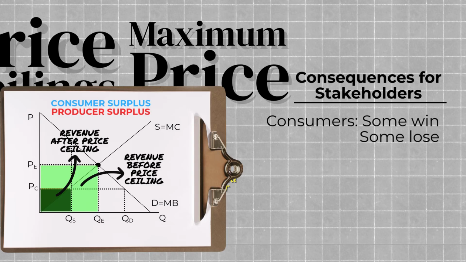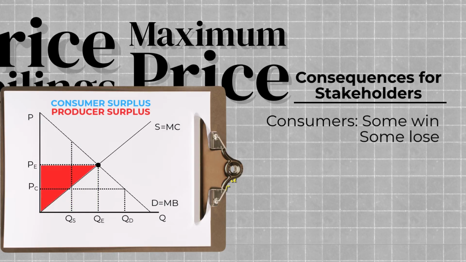Although there are no numbers on the diagram, we can just see that the rectangle is much smaller. This is clear when examining how the producer surplus shrinks from C plus D plus E to only E. We can come to the conclusion then that the price ceiling was much worse for the producers.